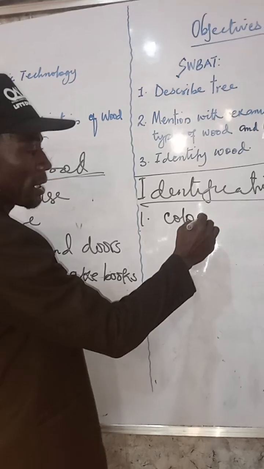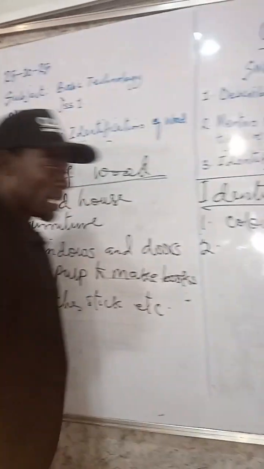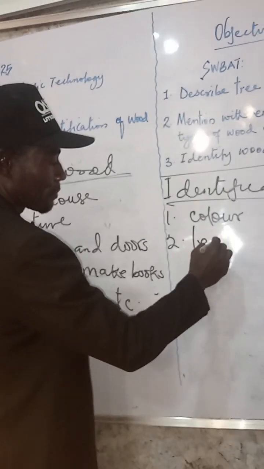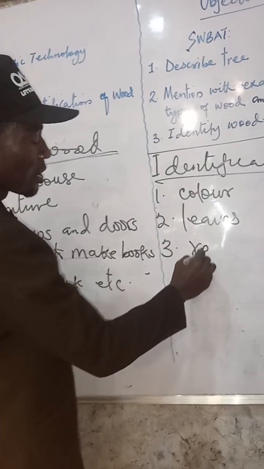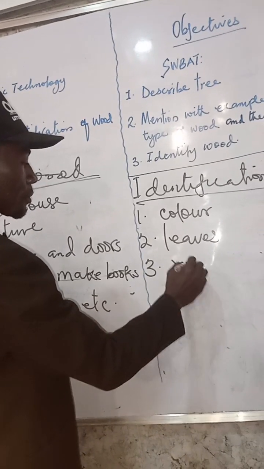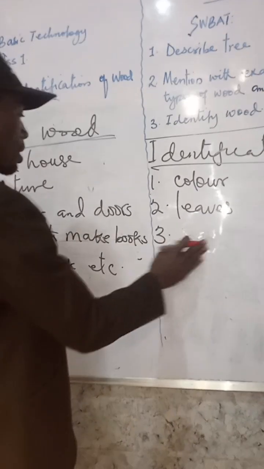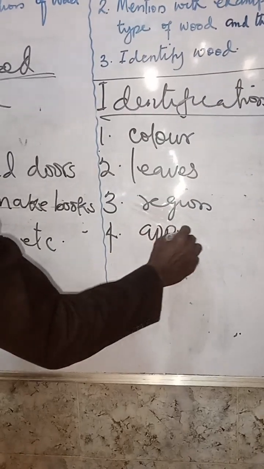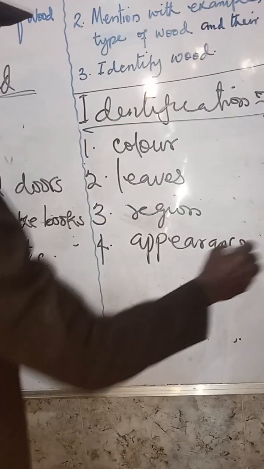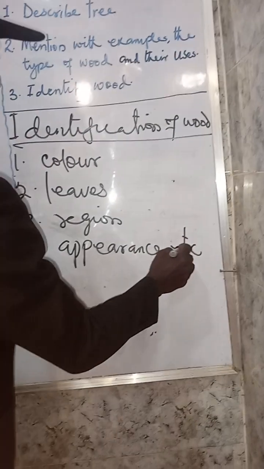Two, we identify wood by their leaves. We identify wood by where it is grown, called the region. We identify wood by their appearance. Is that taking? Yes. This is how we identify wood.